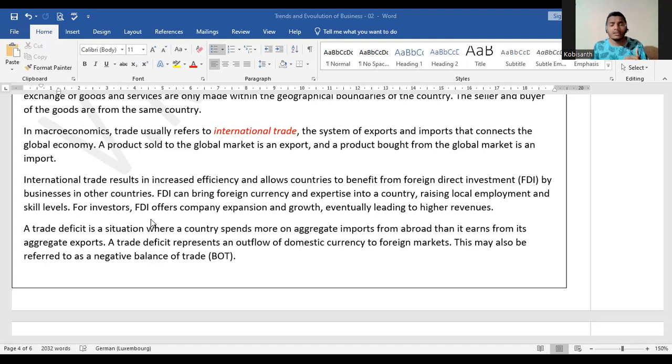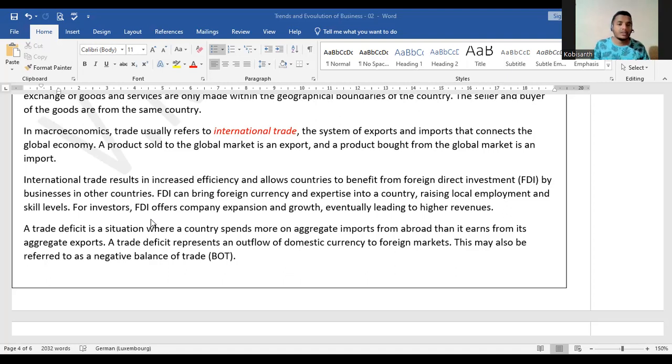Because our imports are high, more than what we export. So that's the reason we are having a trade deficit. Or in other terms, we are losing more of our foreign reserves or foreign currencies to pay for the imports. So we don't earn as much as we import or spend.